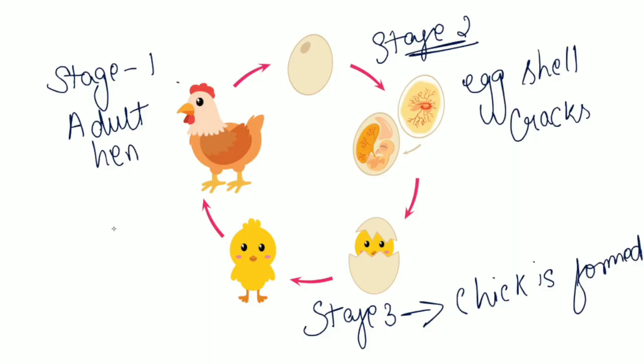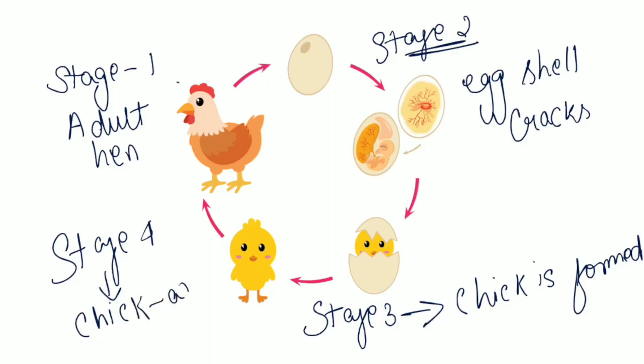What is stage 4? The chick grows into an adult. So these are the four stages that happen in the life cycle of a bird.